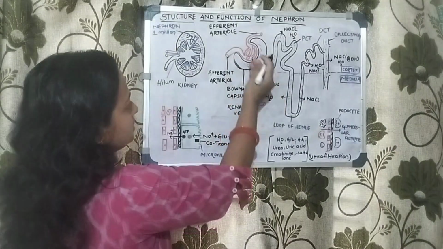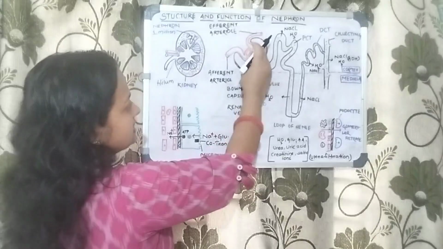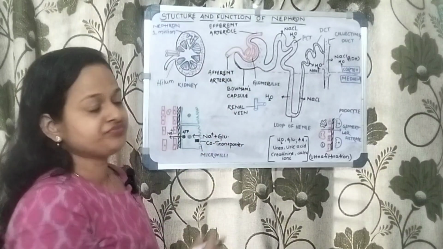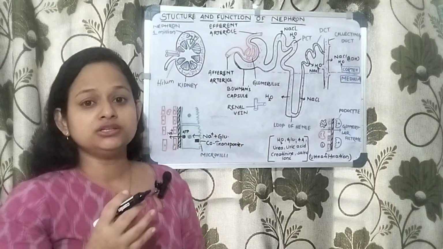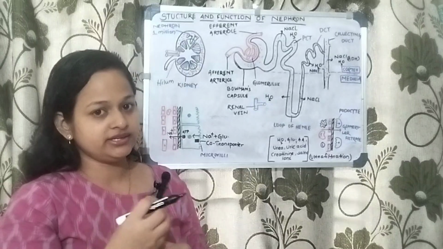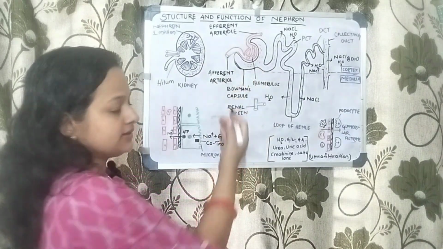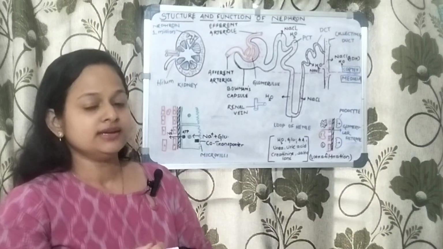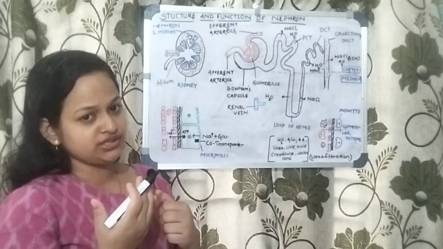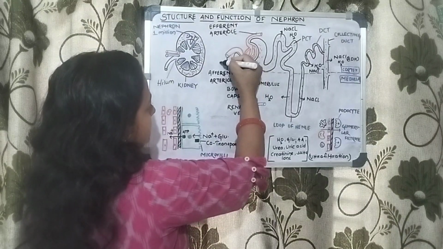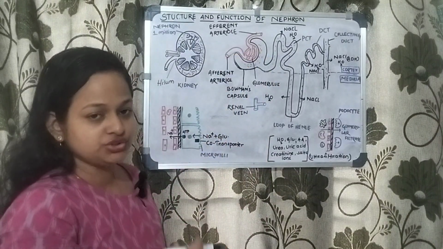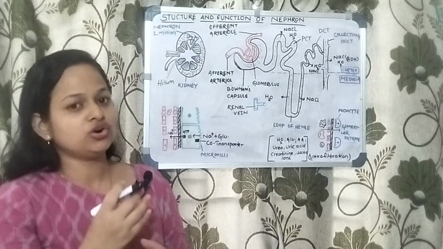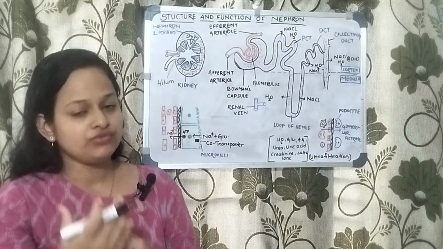The glomerulus has two ends, the afferent arteriole and the efferent arteriole. When the blood from the heart comes to the kidney through the renal artery, the renal artery divides into small arterioles, which again branch and form the afferent arteriole. So through the renal artery, the blood from the heart comes to the nephron for its filtration.